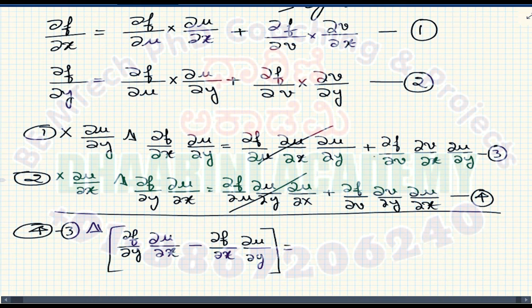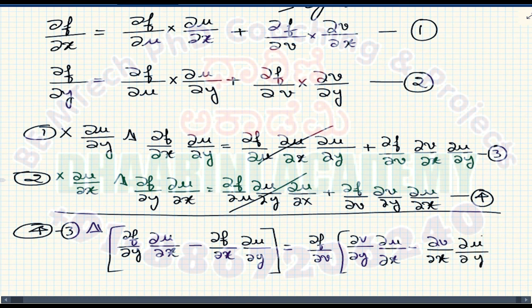It should be equal to, I can see that ∂f/∂v is common. So ∂f/∂v into, I'm taking the same terms, ∂v/∂y into ∂u/∂x minus ∂v/∂x into ∂u/∂y.